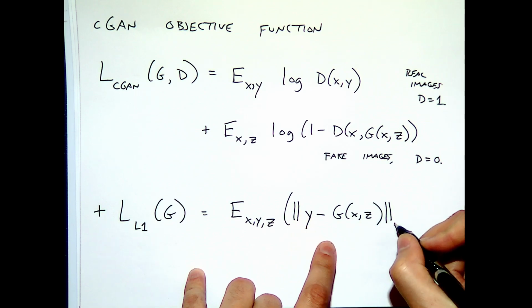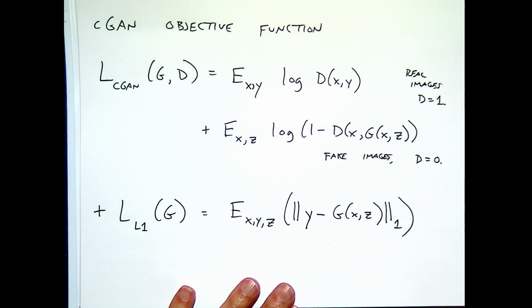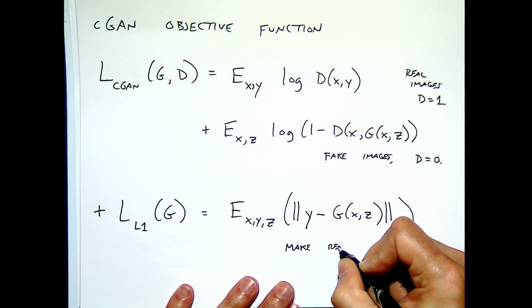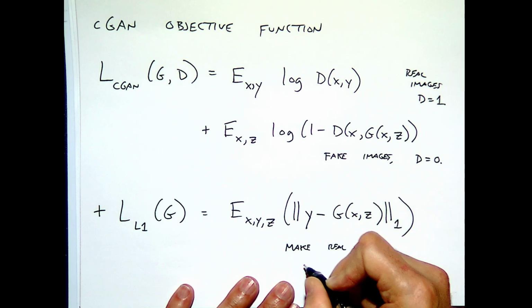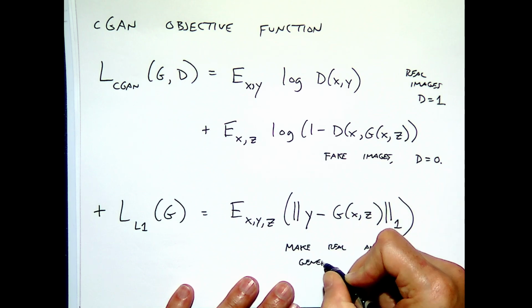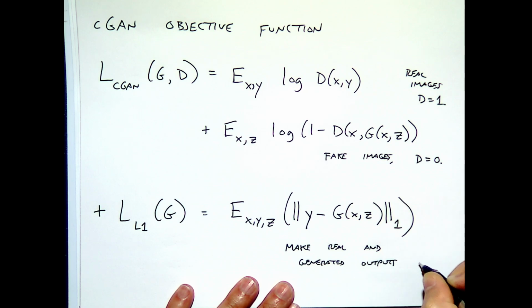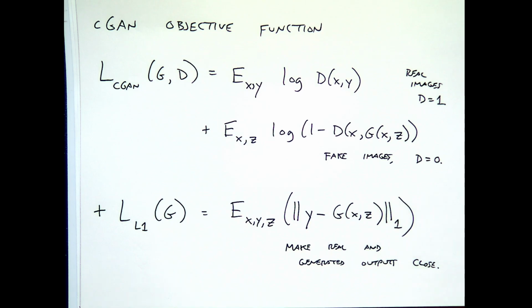This is basically like saying, I want to make the real and the generated outputs close. Which stands to reason, right? I want the generator to be making things as if they're real X, Y pairs.